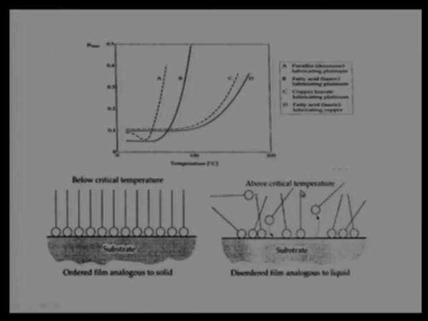However, if the temperature increases, then thermal forces will be of a higher order compared to van der Waals forces. So, molecular attraction will come down. That relative molecular attraction will be lesser compared to thermal forces, and we will get a disordered lubricant film on the surface.